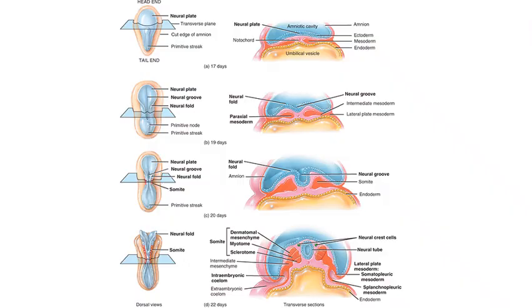But then at about 4 weeks after fertilization, the head end of the neural tube develops into three enlarged areas called primary brain vesicles: the prosencephalon, mesencephalon, and rhombencephalon, or forebrain, midbrain, and hindbrain, respectively.